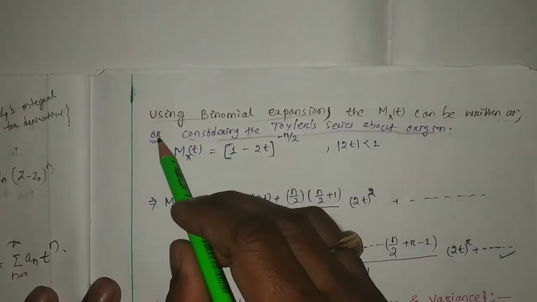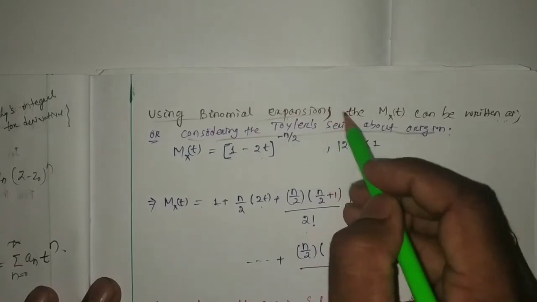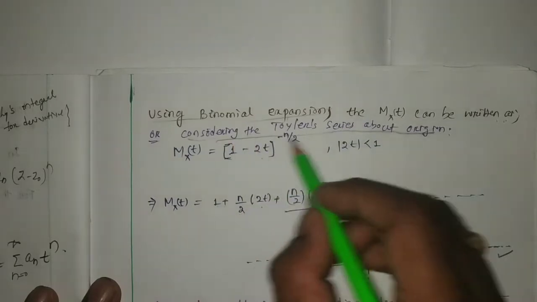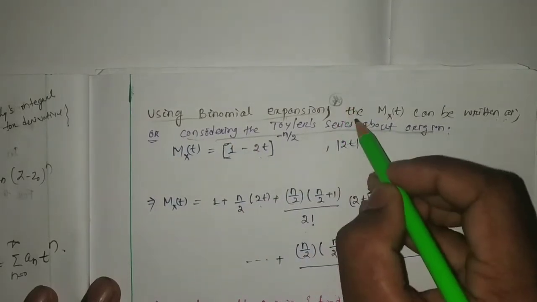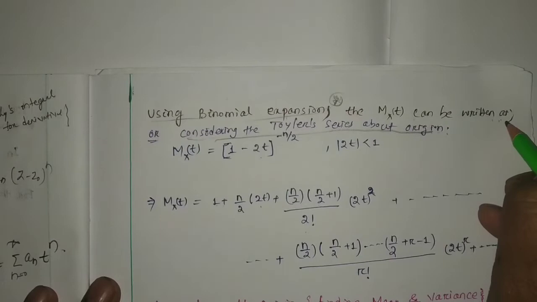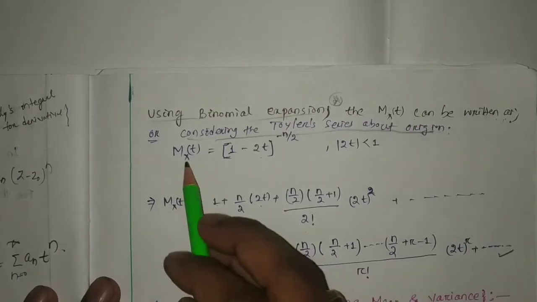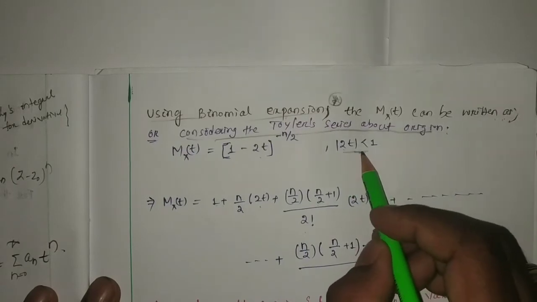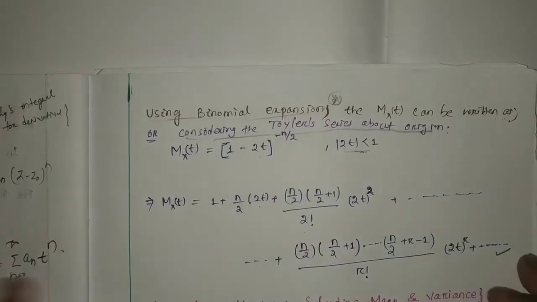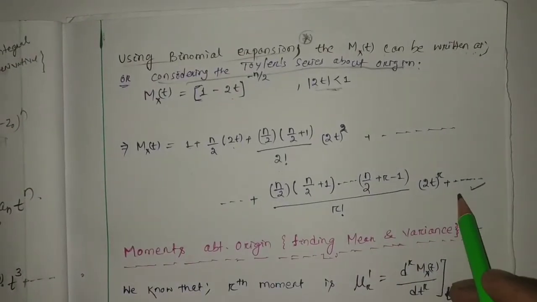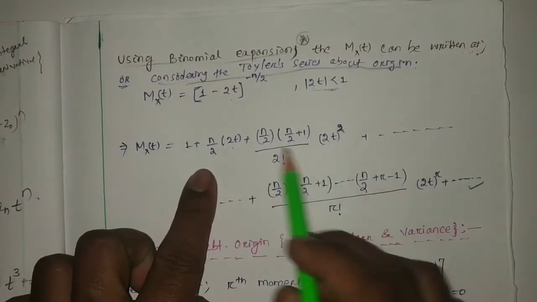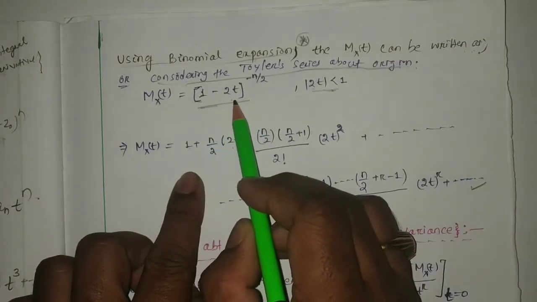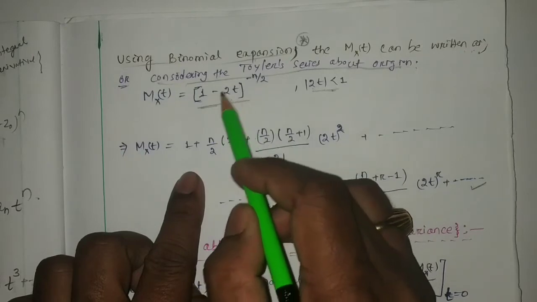You have to write this line here. Okay, the mxt can be written as this one, where 2t is less than 1. This is the expansion or Taylor series expansion of this function, 1 minus 2t to the power minus n by 2, where 2t is less than 1.